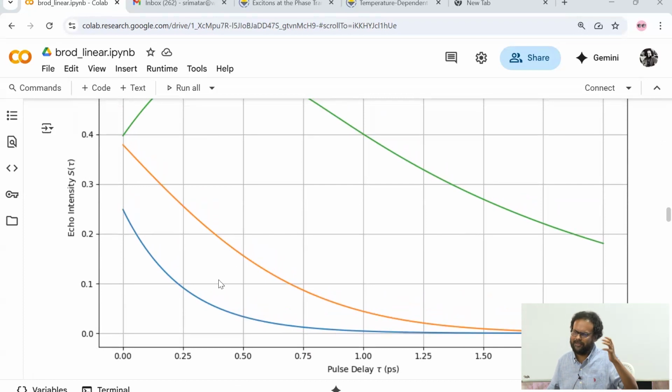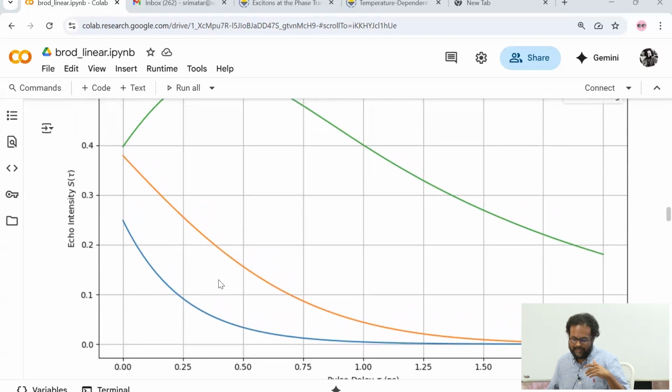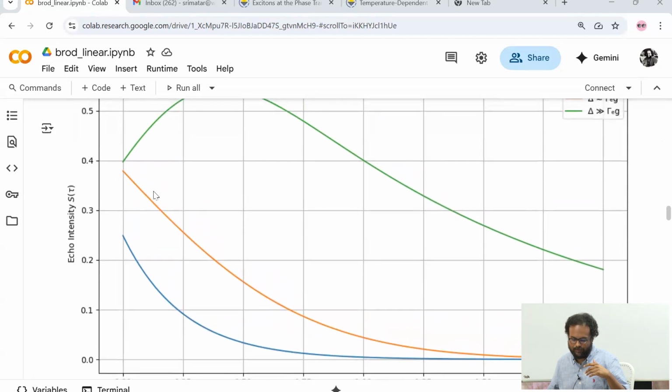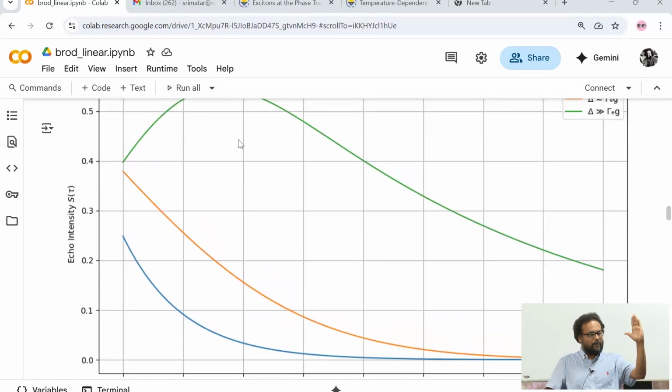The amplitudes are different because I have not normalized. But when I have both of them comparable, you see actually an increase in the intensity. I see that the maximum point is not exactly at time 0, but at a much later time. That's because at later time, I'm able to rephase properly when I have these two competing processes.